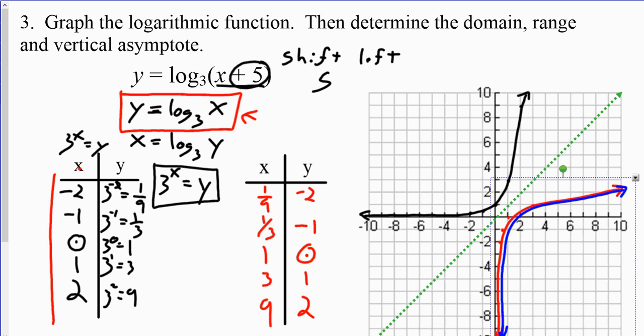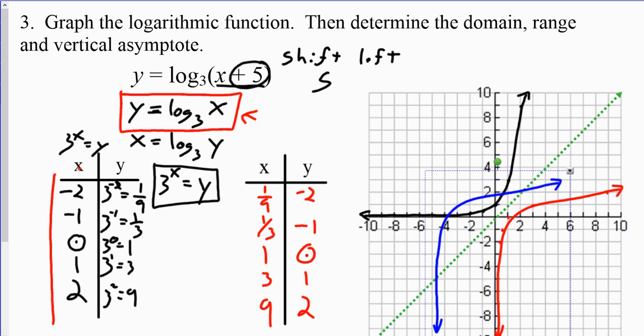I always kind of look at my x or y intercept. So this was the intercept at 1. If I'm shifting it left 5, now it's going to intercept at negative 4. It's going to get infinitely close to negative 5, but never ever cross it. Okay, so that's my function.